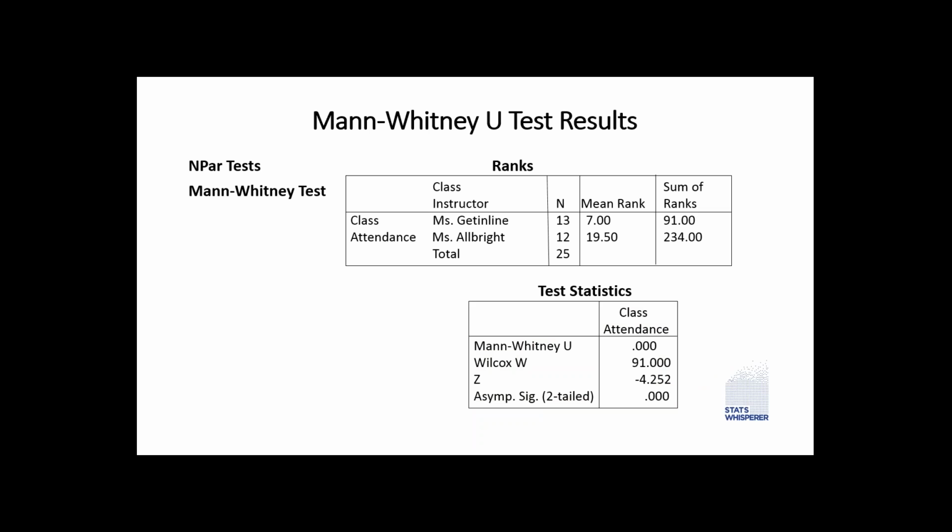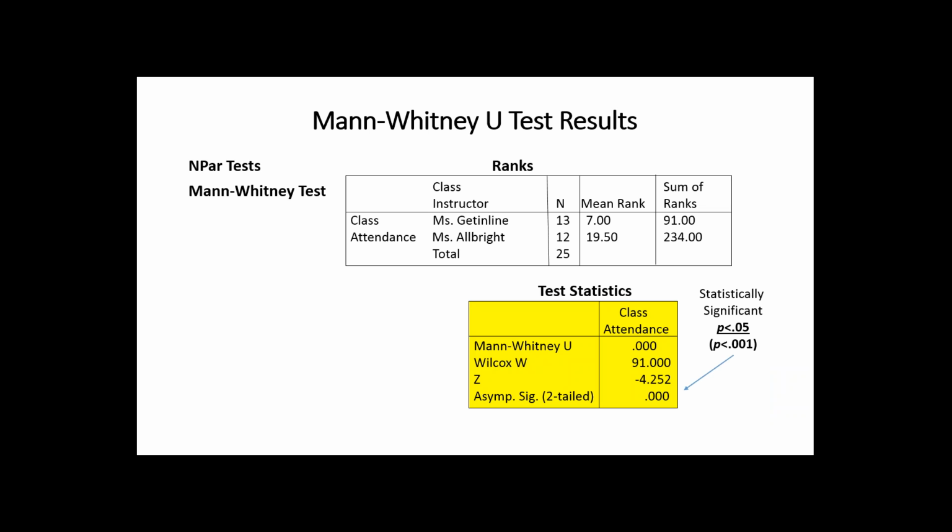So we also need to look at, right, class instructor, because that's our other dichotomous predictor that we have in our mixed method study, right? So that's the category, you know, class instructor is either Miss Gettenline or Miss Albright, right? And then if we look at the bottom, in our second Mann-Whitney-U test, we see there's also a statistically significant difference between levels of mean class attendance, you know, by class instructor.